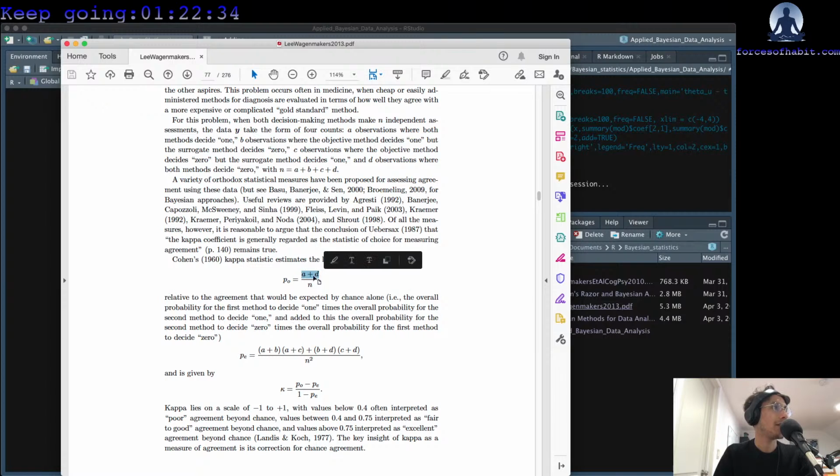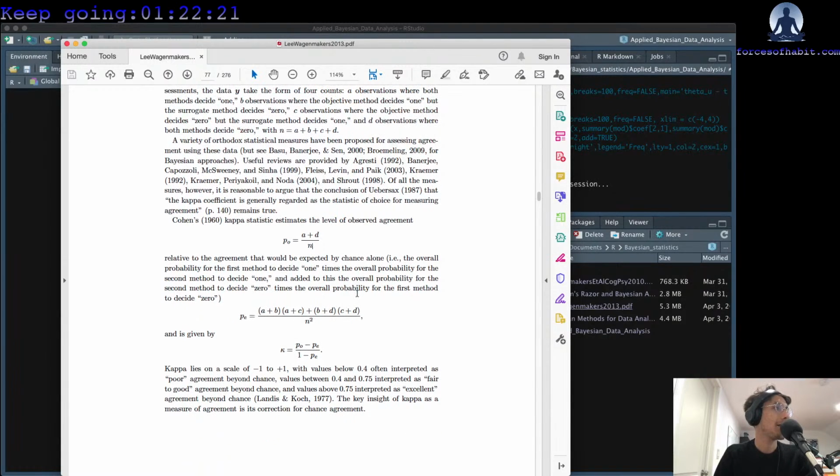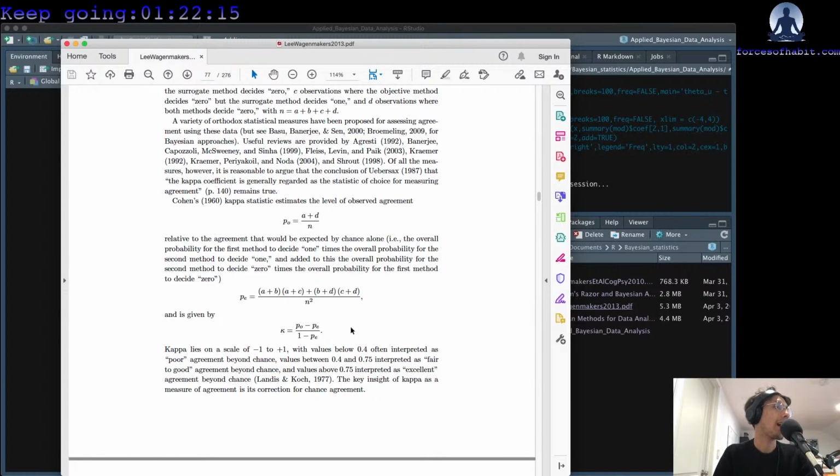So here is when they agree, so when they both say, for example, yes, and when they both say no, and then the total number of times they say something is what we have here. And then we have what we expected here. And then Kappa is just what we observed minus what we expected, over 1 minus what we expected.